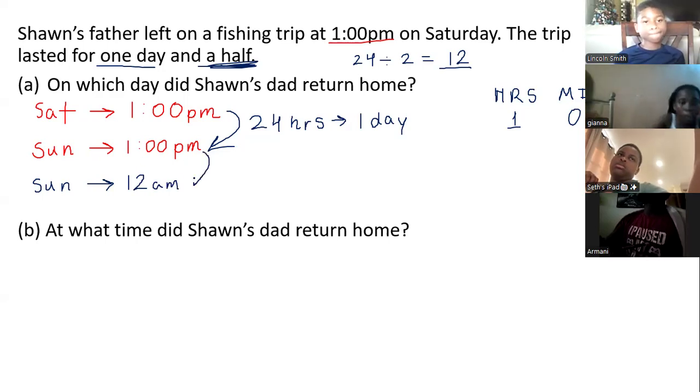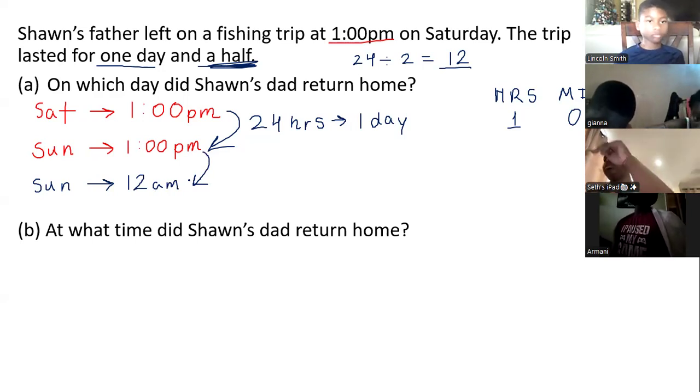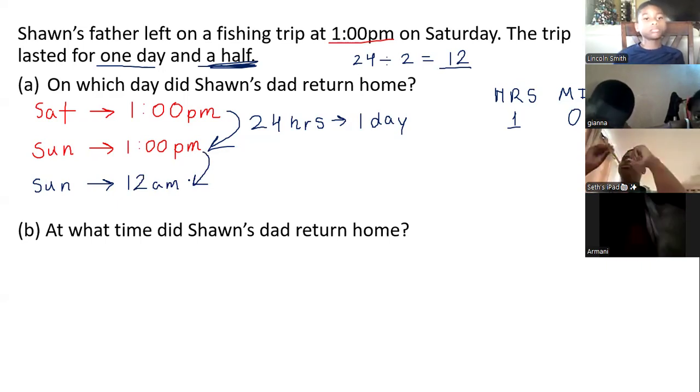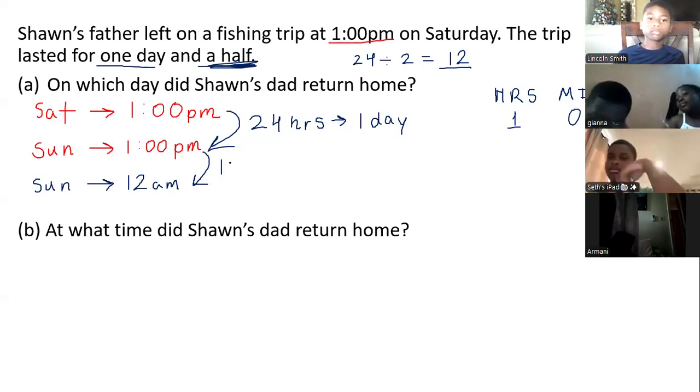So 1 to 2, 2 to 3, 3 to 4, 4 to 5, 5 to 6, 6 to 7, 7 to 8, 8 to 9, 9 to 10, 10 to 11, 11 to 12. That's 11 hours, yes. 11 hours.